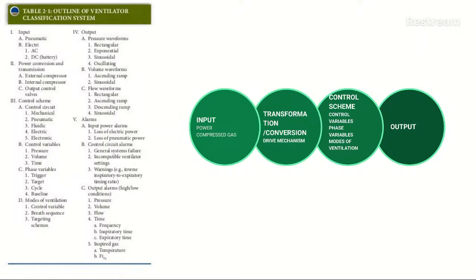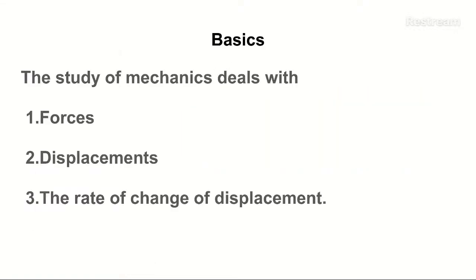Then we have a transformation of energy where we are applying these two energies, and then mechanically it is transformed to some other forms of energy. Then we have a control scheme where we apply control variables, phase variables, as well as which mode you choose, and then it delivers according to the plan.